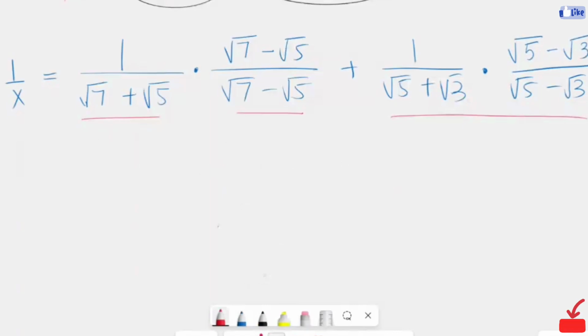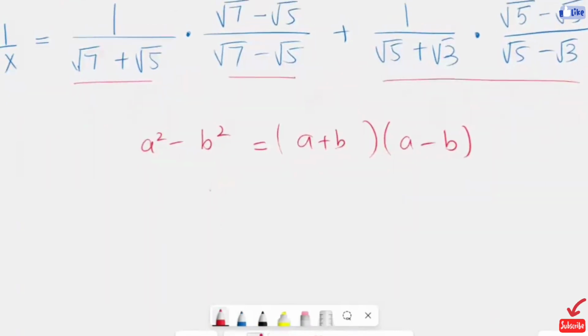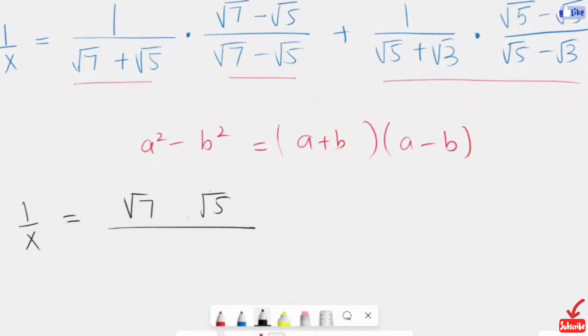That is, A square minus B square is equal to A plus B times A minus B. So this will turn to 1 over x is equal to root 7 over root 7 raised to power 2 minus root 5 raised to power 2.